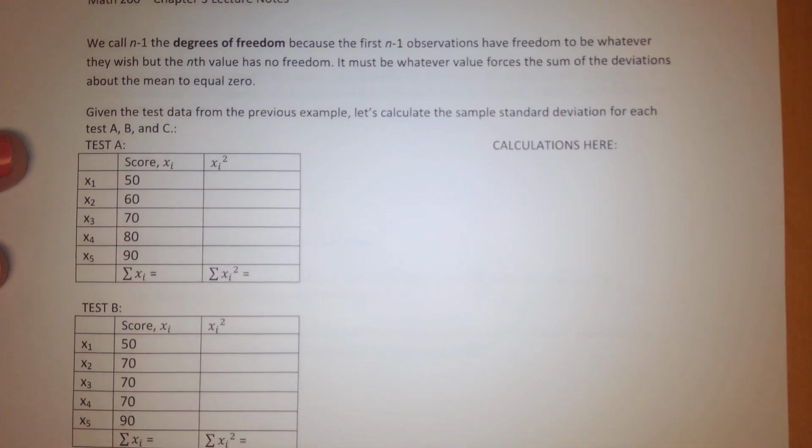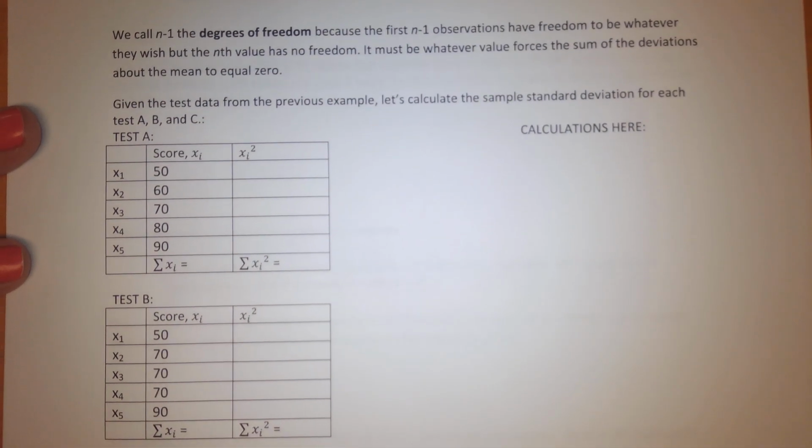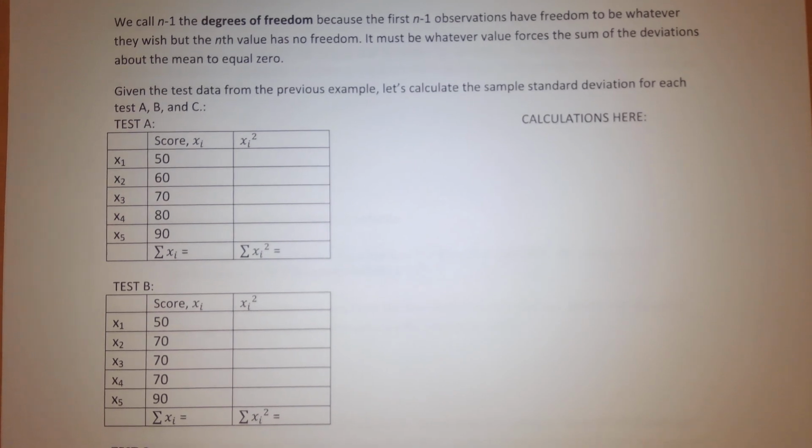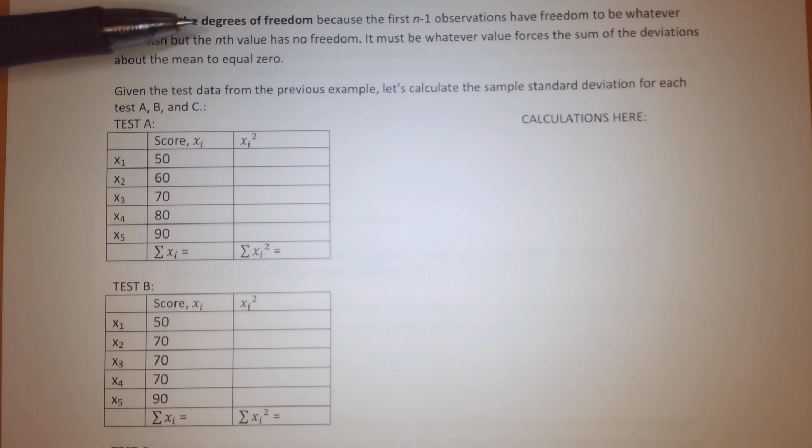So we're going to go back to that example that I just described with the test scores. And I briefly go over why we subtract 1 here. So the n minus 1 that's in the denominator of the standard deviation formula, we actually call that the degrees of freedom.